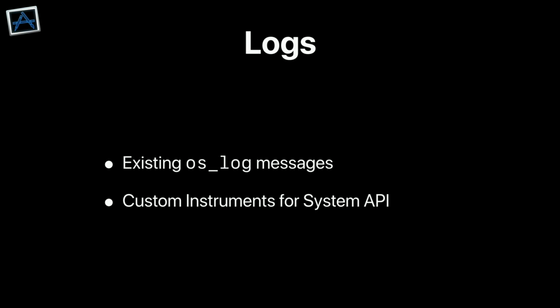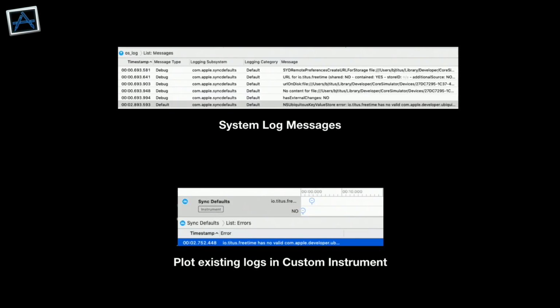I'll go back to the slides to see the photo of this, but the other instrument, so we looked at system logs, looking at the messages in Xcode or in instruments and filtering them, plotting existing logs in a custom instrument.